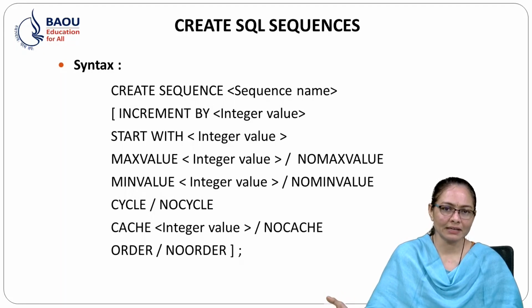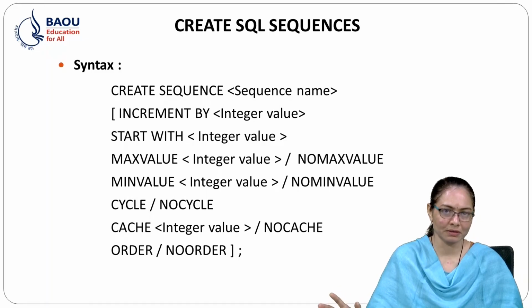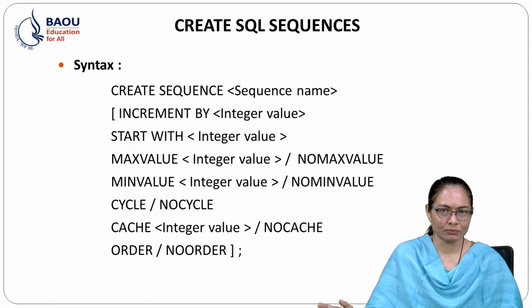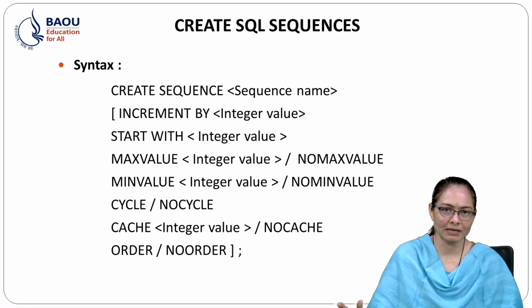It is an interval between two sequence numbers. It can be positive or negative, because we generate an ascending or descending order sequence, and according to that we provide the value. It cannot be 0. The default increment value is 1.